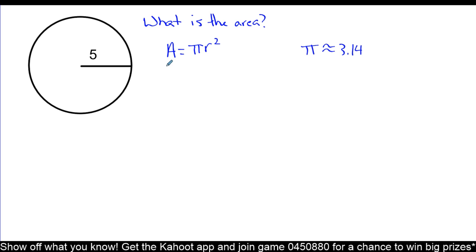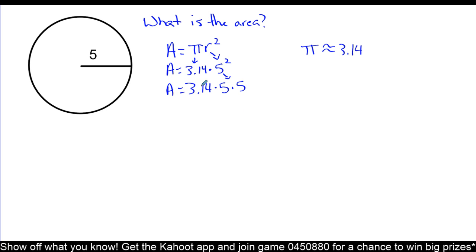We round it off. So then we're just going to substitute in our values. So pi is 3.14. And our radius is 5 squared. And we can expand this out just so we can see that 5 squared is 5 times 5.